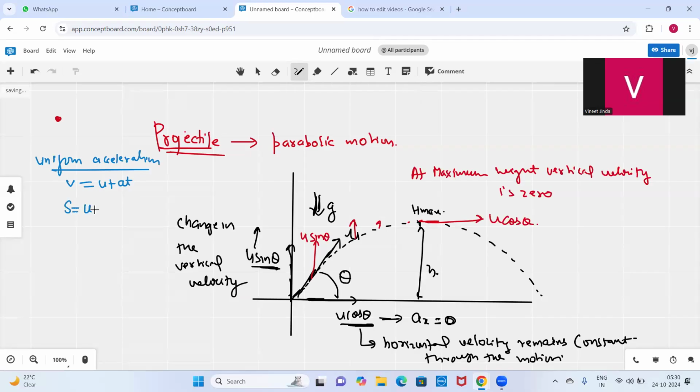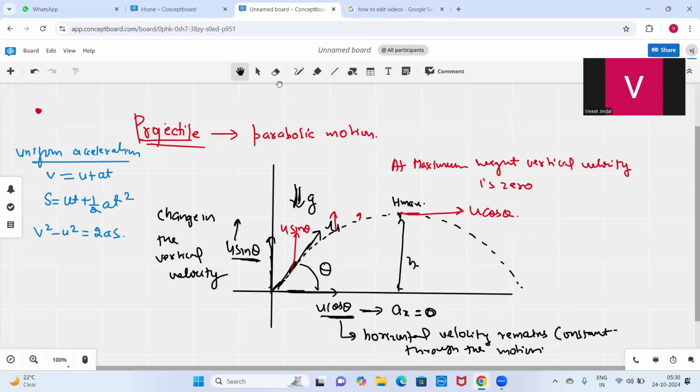S is equal to ut plus half at square. S is the displacement covered by the object. The third equation is v square minus u square is equal to 2as.